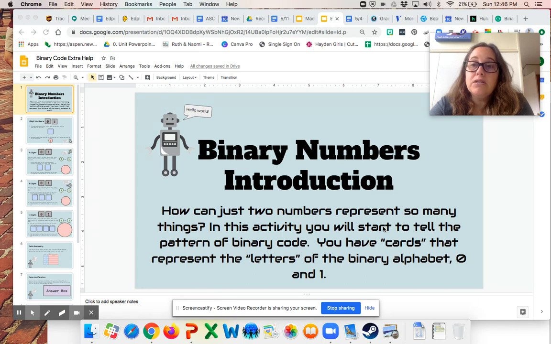Then you're going to submit that to your teacher so that you can get it graded and start on your work for Monday. The activity for Monday and all the rest of the week is based off of your understanding of this activity. So we want to make sure that everyone has a good solid base and understanding about binary numbers so that when things get a little more complex, you're going to be able to keep on going.